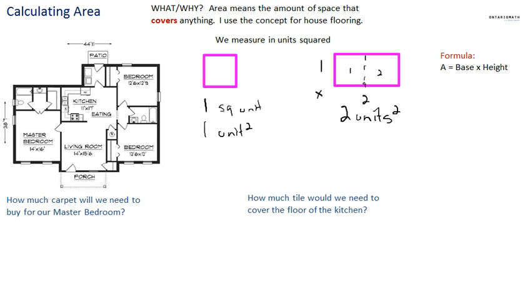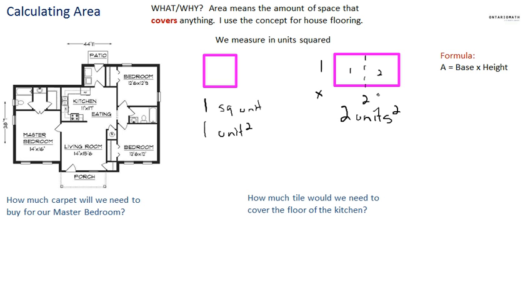The reason I'm using base times height is because in other shapes like parallelograms or triangles, you're going to use base times height. So really it's the same concept. We're just going to call the bottom the base. Remember the B's, bottom base, and upwards is the height, so how tall it is. So area equals base times height. 2 times 1 equals 2. And we can see 1, 2 squares.